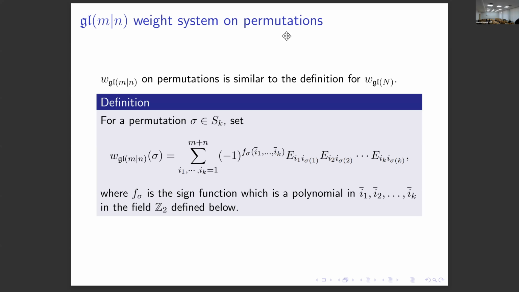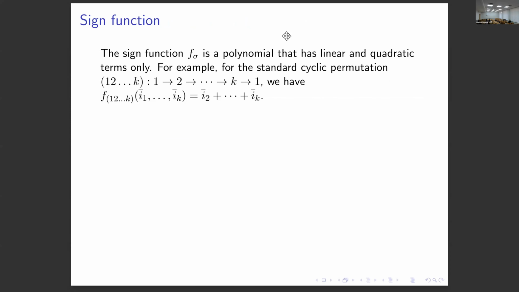For the definition of the sign function, we know the structure of the Casimir element, and the Casimir element corresponds to the standard cyclic permutation, 1 to 2, 2 to 3, k minus 1 to k, k to 1. So the sign function for the standard cyclic permutation is I2 bar plus I3 bar plus I4 bar plus up to IK bar.